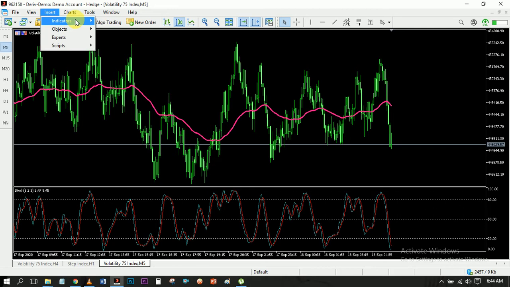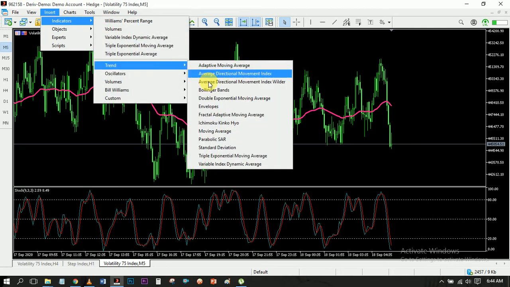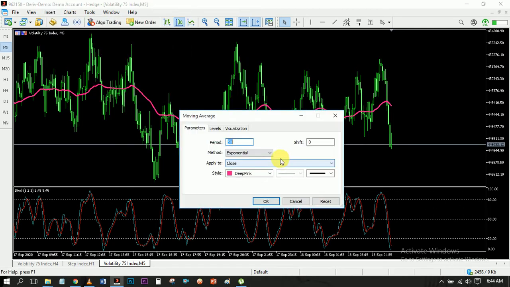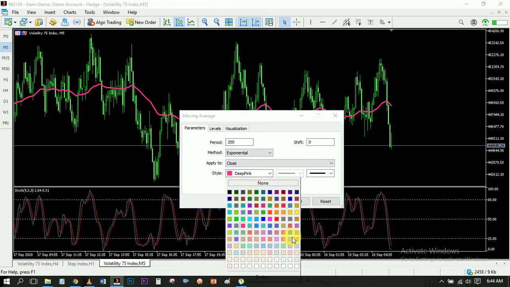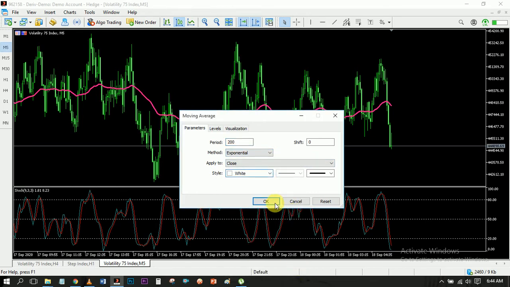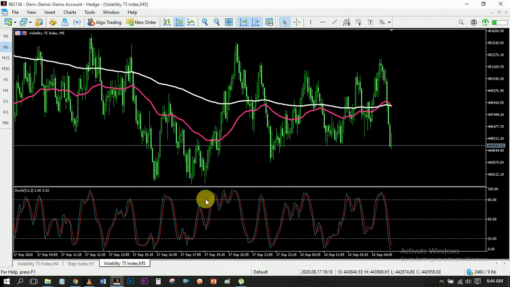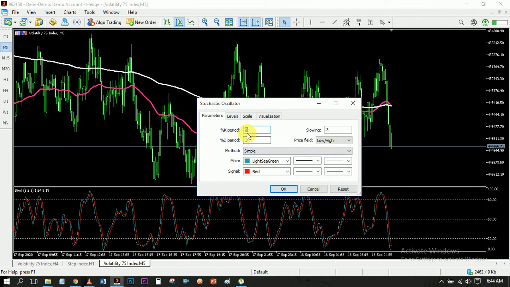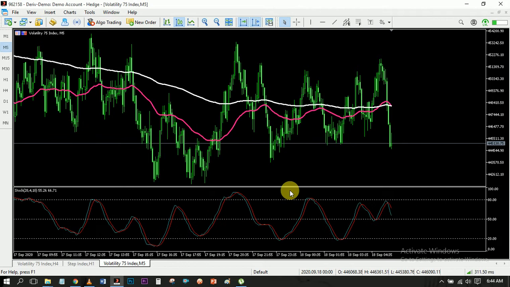Then you need your 200 exponential moving average also, and I click OK. Then the parameters of your stochastic: you change it to 20, you change this to 10, you change this to 4, then you click OK.